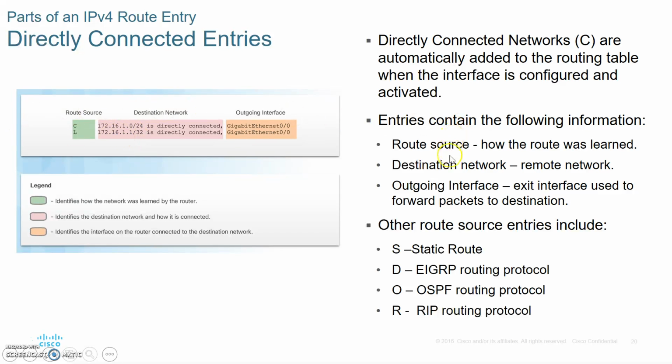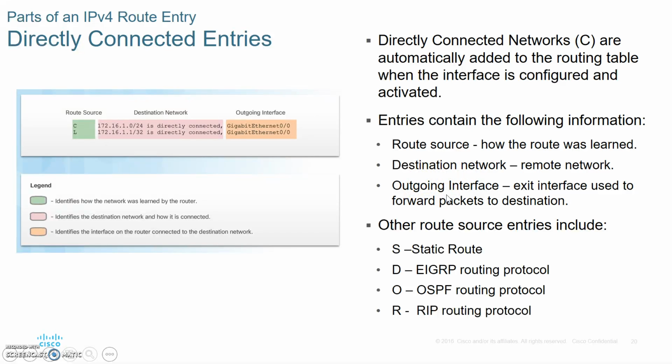So this destination network, 172.16.1.0/24, is directly connected to this router and is connected to the gigabit interface 0/0. This will be the outgoing interface.